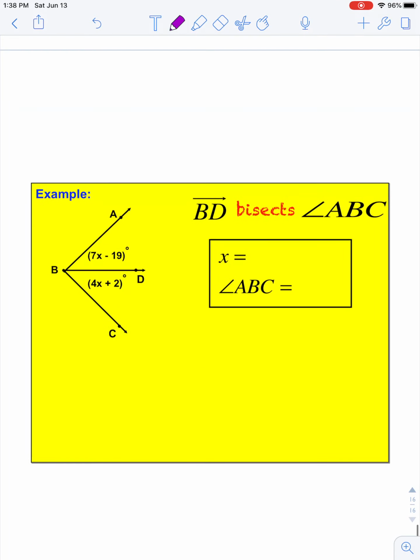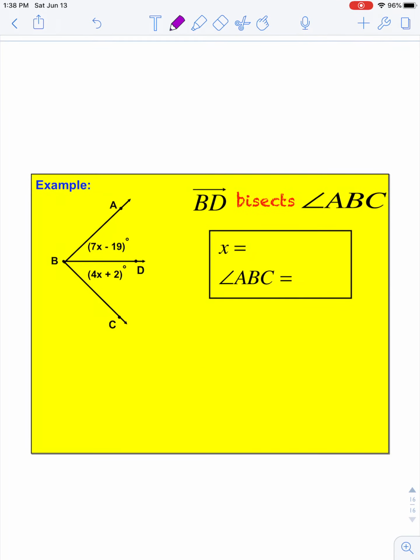And again, we get involved with more algebra type problems where we have to simplify expressions, but it's really not too bad. Just pay attention and make sure you are reading the given information correctly. This particular one is saying that BD is bisecting this larger angle ABC. Okay, so we're bisecting angle ABC.